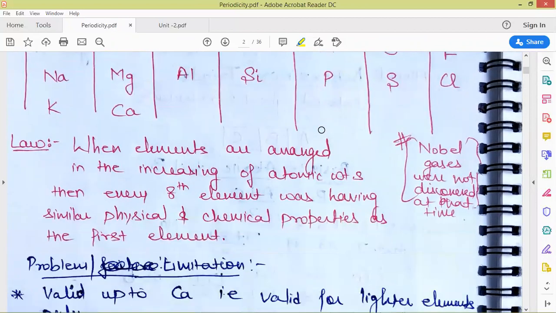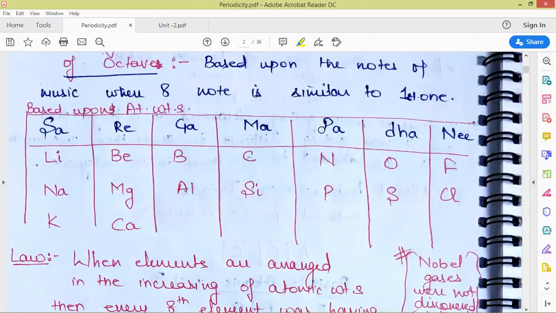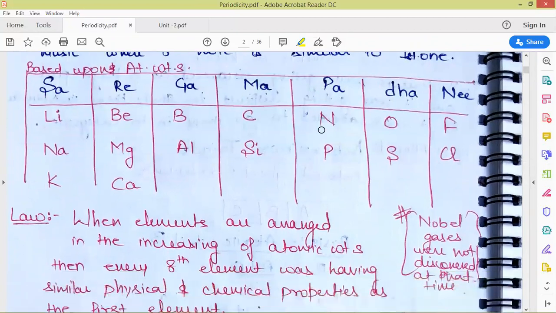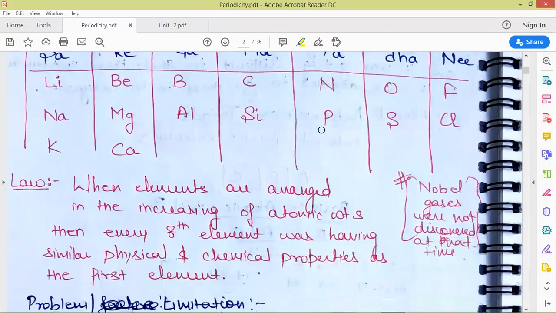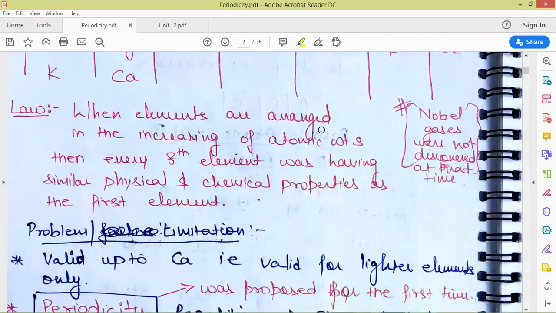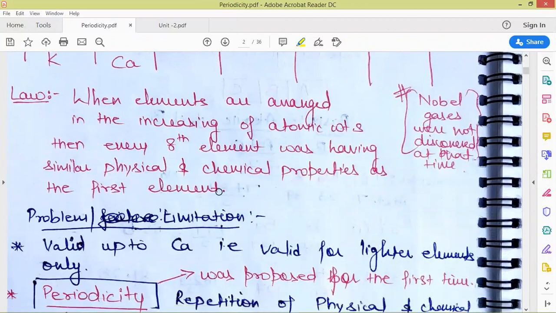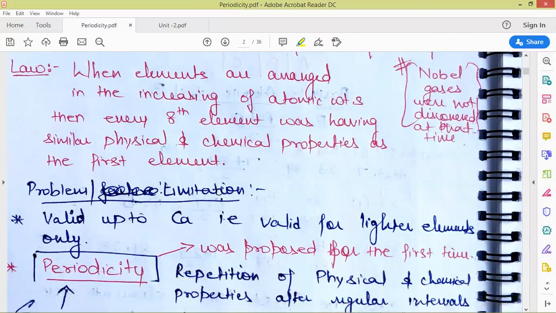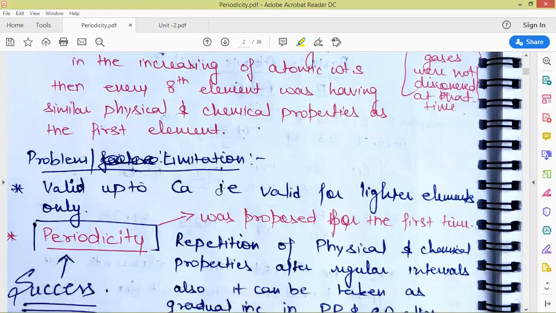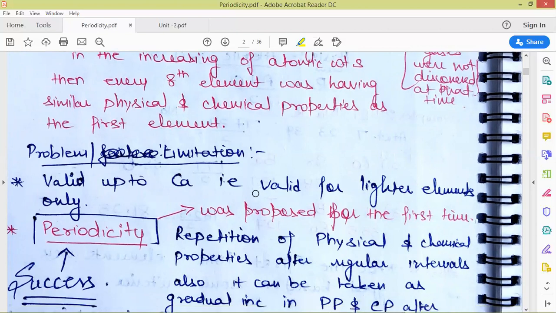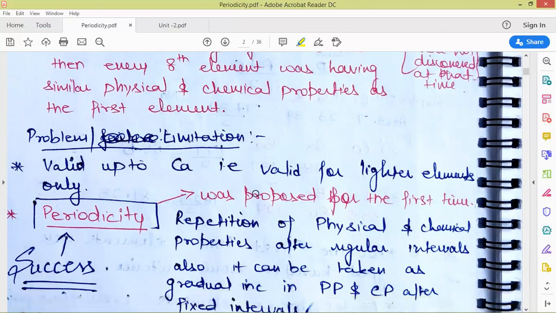He was the first person who introduced us to periodicity, that is, repetition of some properties after regular intervals of elements, or we can say after regular intervals of anything. So what was the problem with this? This model also failed. The problem was it was valid up to calcium only, so it was valid for lighter elements.